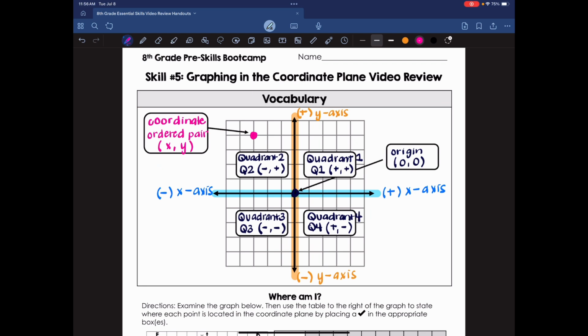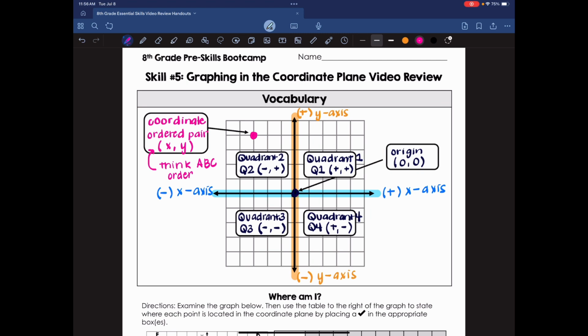A little note to ourselves: think alphabetical, I'm going to abbreviate ABC order, meaning which one comes first in the ABCs. X always comes before y. So when I'm graphing, my x will always come before my y. That is the breakdown of the coordinate plane.